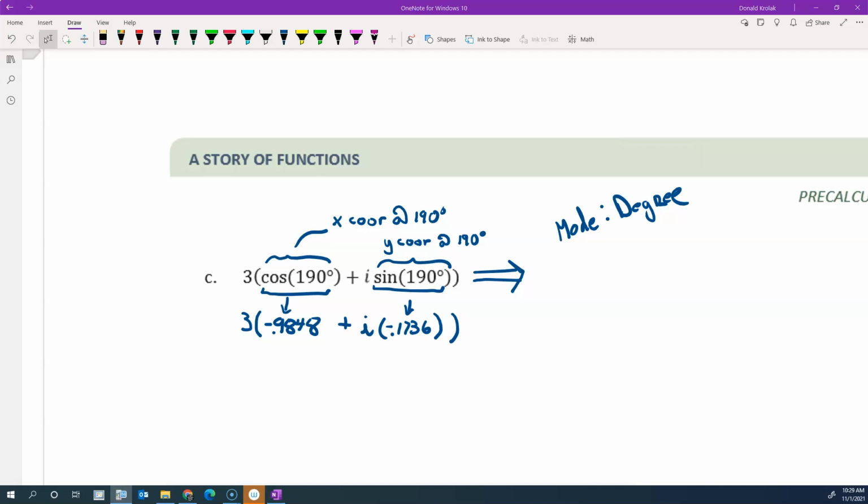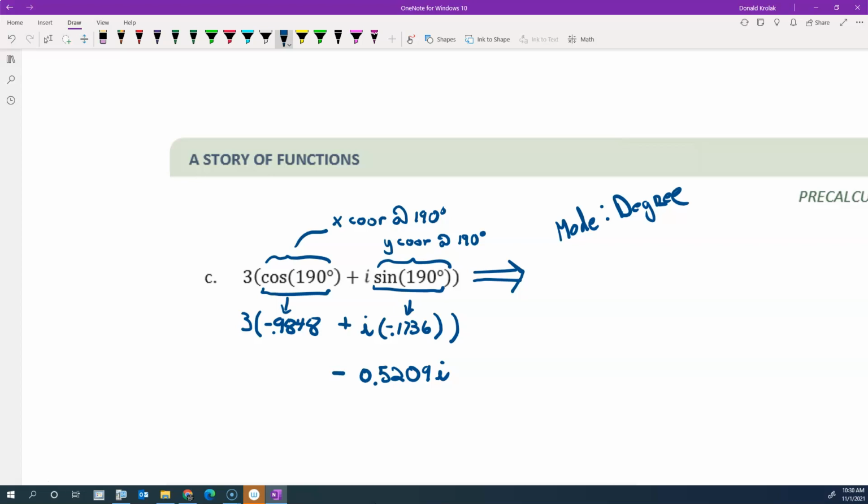I'm going to take that times 3. So this second part, 0.5209i. That's negative, so this is going to be a minus.